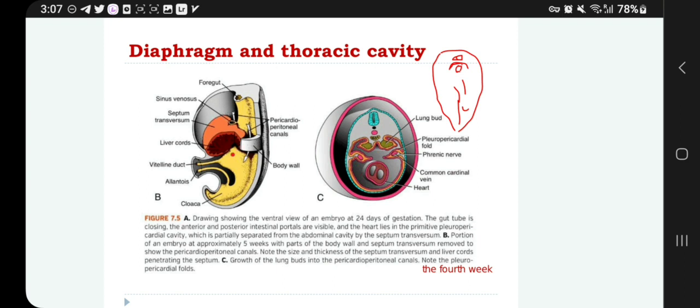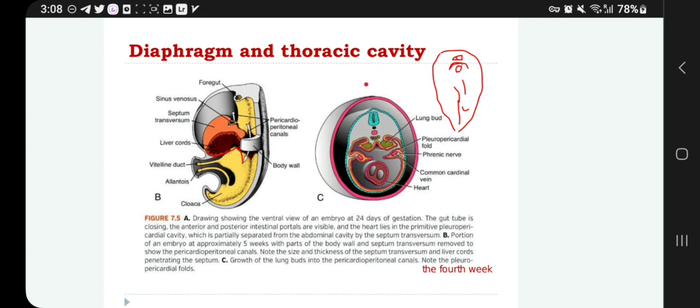It's between the abdominal part, here is the abdominal part, and the precardial part. In the fourth week we have just cavities for the heart, and we say precardial.